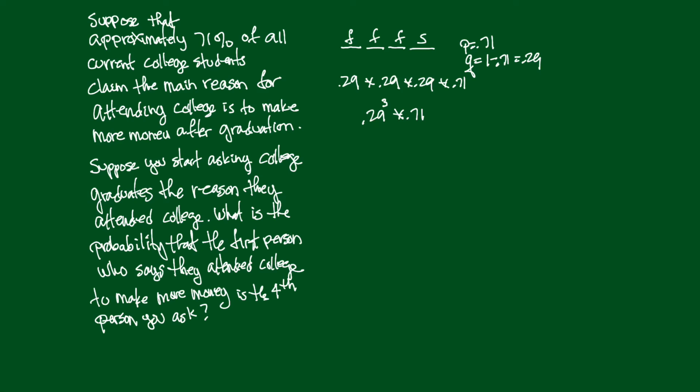Now, when I did that on my calculator, I got 0.0173117316. I'm going to round off to 4 places because that's what I like to do with probabilities. So I'll round it off here to 0.0173.